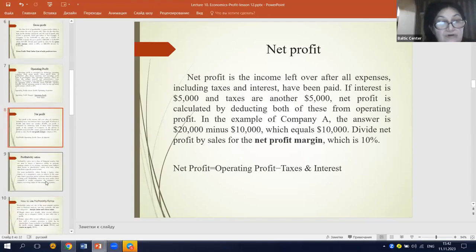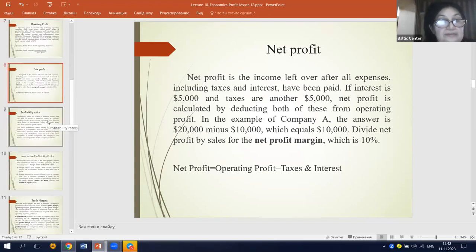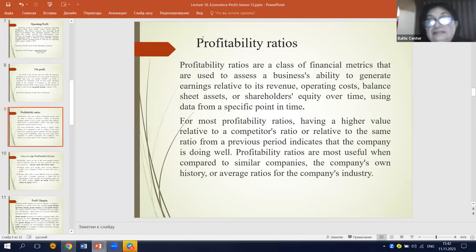Then we go to the coefficient, we say profitability ratio. Profitability ratio is a class of financial metrics used to assess the business's ability to generate earnings relative to its revenue, operating costs, balance sheet assets, and shareholders' equity over time, using data from a specific point in time.